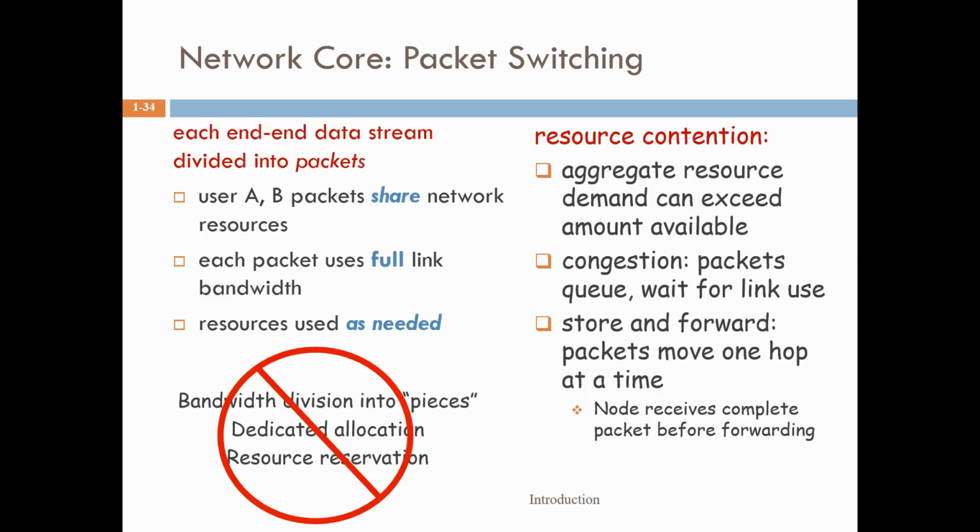Okay. Regardless of FDM or TDM, both of them are actually not used in the internet at all, because they suffer from a very important disadvantage. Let's say you're making a call and your network uses FDM or TDM, using circuit switching basically, and because of that, you have reserved the resources for the call.